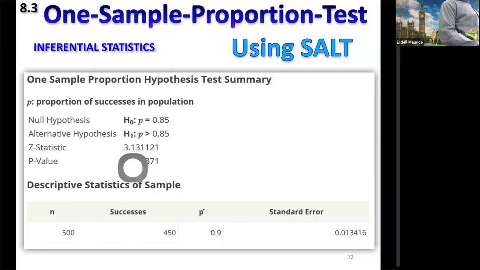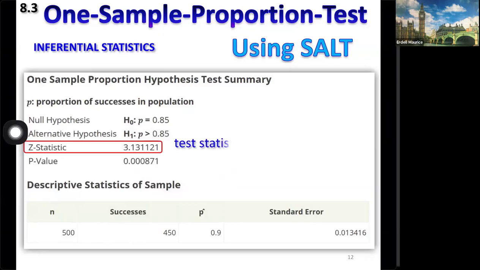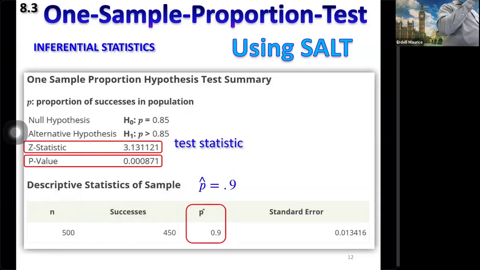And then if they ask you to calculate the z statistic, some of the homework problems ask you to do it, it's right here. And then here's your p-value. Questions there? By the way, sometimes this is called your test statistic as well. Once you have that test statistic and your p-value, you compare the p-value to the alpha level. Oh, and last thing, your p-hat is just dividing these two numbers.